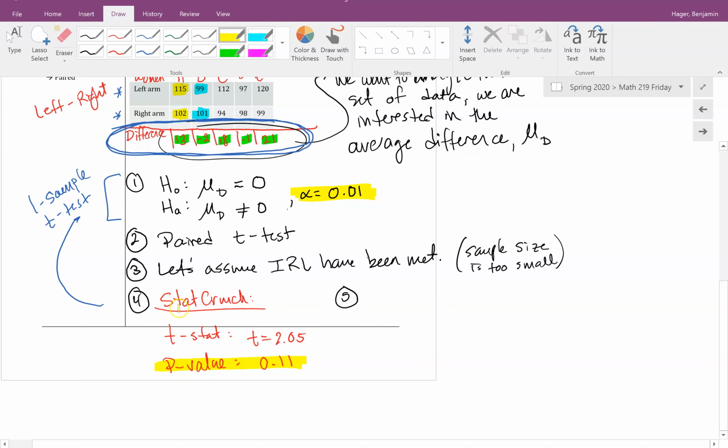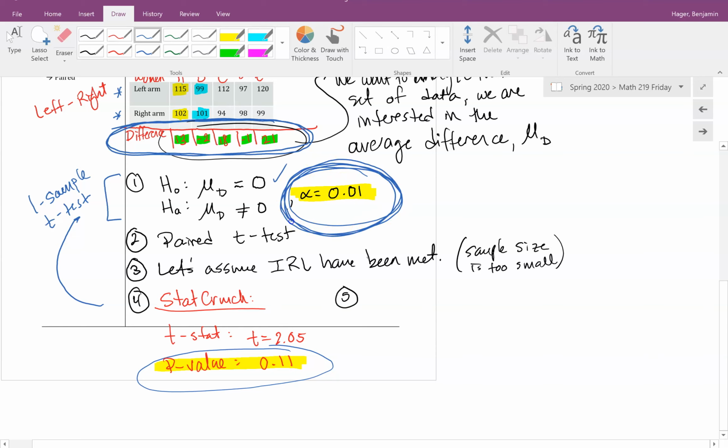In other words, there was only an 11% chance that we should have gotten the data we got if the null was true. Well, that's kind of low, but it's not what we consider too low. Remember, below alpha is what we would say is too low. You've gone too far, I reject the null. In this case, we're low, but we're not too low, so we do not reject the null.